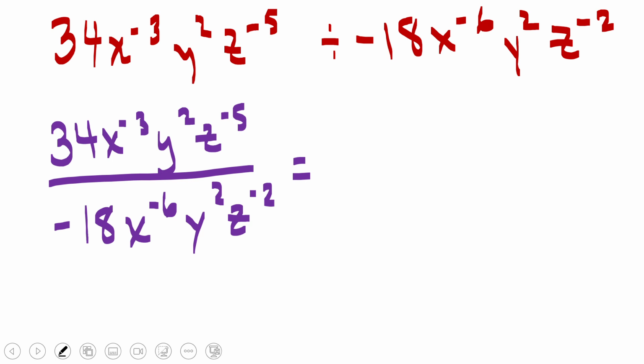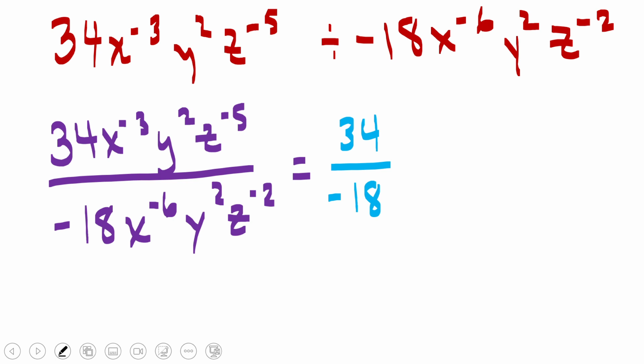Okay, so right away you would have 34 over negative 18. And we're going to take our x's and take the reciprocal of both the numerator and denominator as the base x and make the exponents positive.